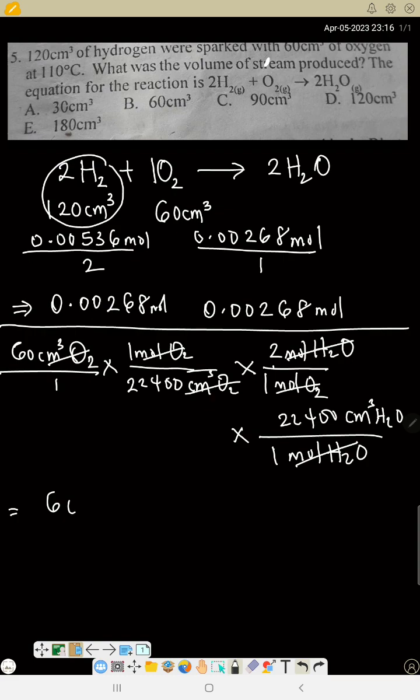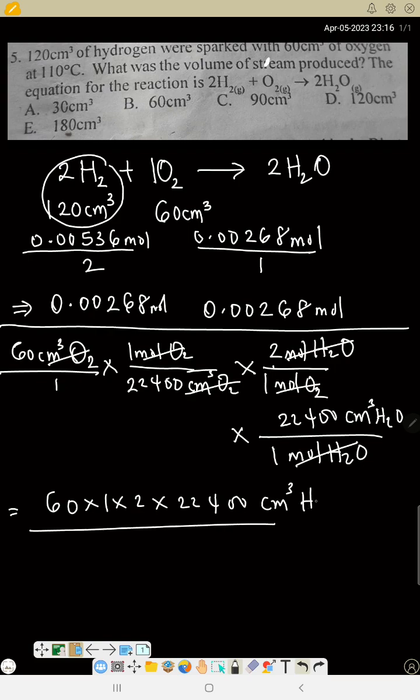So what I have here is 60 times 1 times 2 times 22400 for the upper part, divided by 1 times 22400 times 1 times 1 for the lower part. So 22400 cancels out.